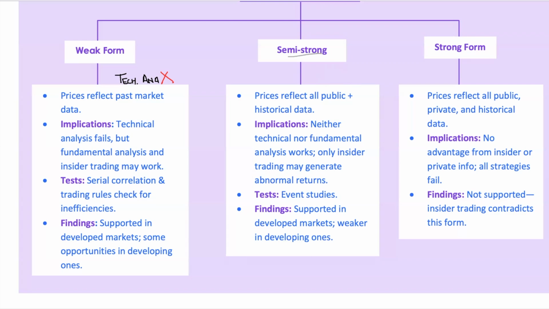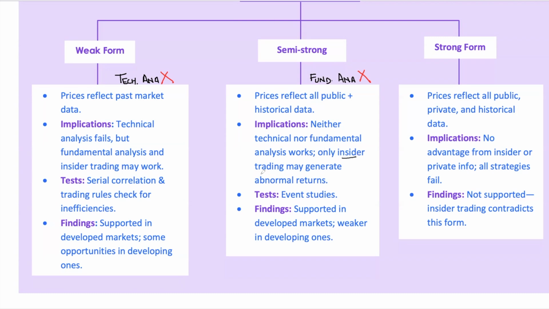If the market is truly semi-strong efficient, you can't consistently beat it by poring over annual reports, analyzing economic indicators, or investigating industry trends, because that data is already priced in. Once news hits the wires, the market price adjusts quickly. This means fundamental analysis shouldn't provide a consistent edge.